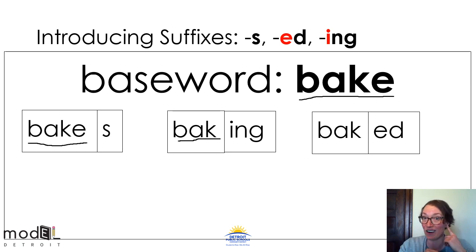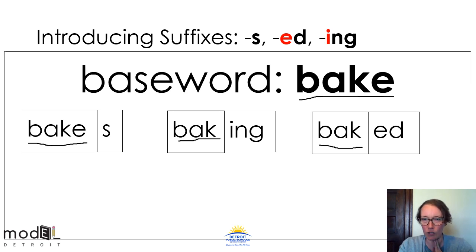I can hear that a magic E is giving its voice to the letter A, but I don't see it anymore. The same thing here. Look at that. Baked. If I'm talking about something in the past, yesterday I baked, I add an ED, but when I look here, I don't see the magic E on the base word anymore. I wonder why that is.